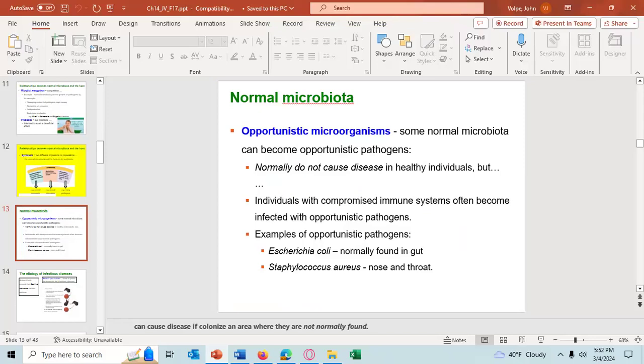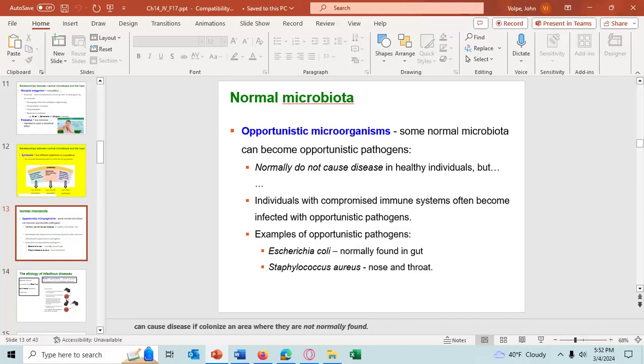A normal microbiota that becomes an opportunistic pathogen can cause disease under certain situations, such as if the patient is immunocompromised, they don't have the immune system to keep the normal microbiota in check, and then the species of the normal microbiota can cause disease, becoming an opportunistic pathogen.